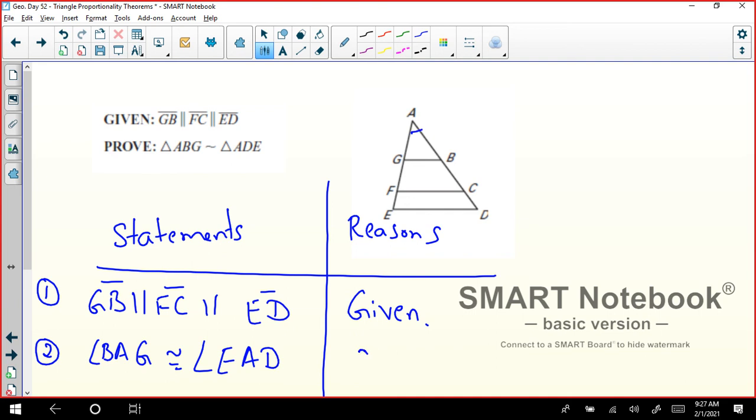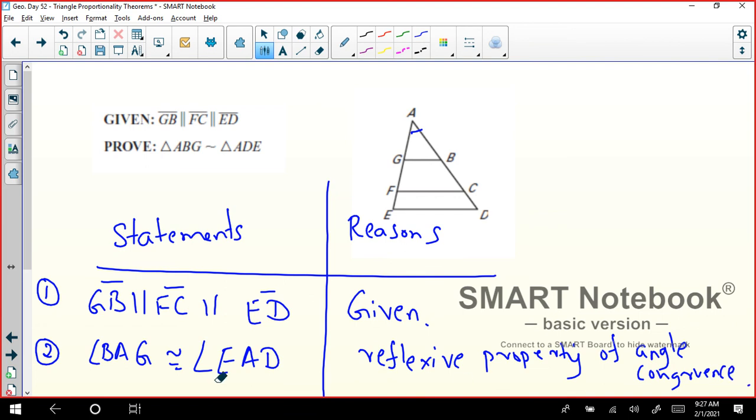By the reflexive property of angle congruence. If you want to be extremely accurate, or you can just say reflexive property.